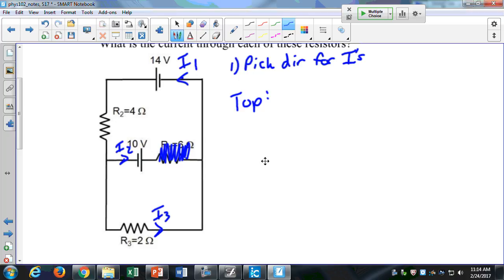Though as you get better at this, you'll see that sometimes there are equations that are better to write than other equations, just because they'll work out to be easier. So I'm going to write the top loop, and let's start right here. You go ahead and take a moment and write the equation traveling in this direction with the current. Write that equation for the top loop, and I'll give you about 30 seconds.